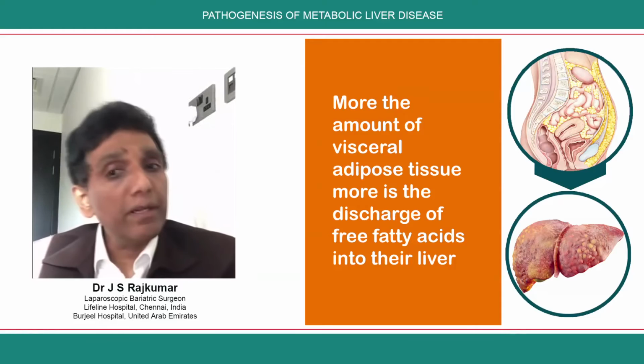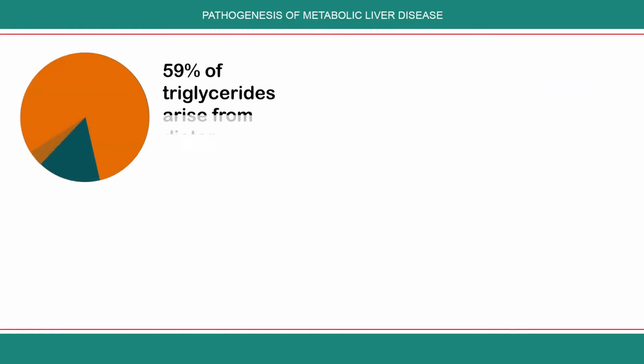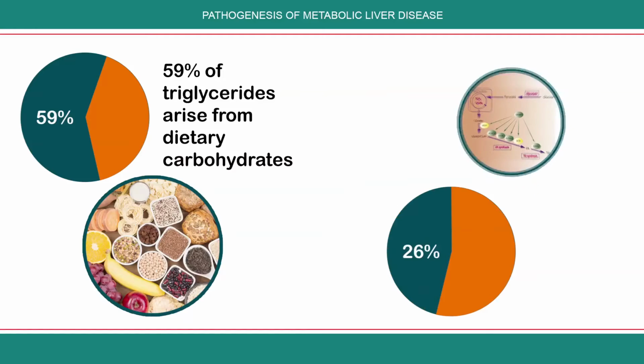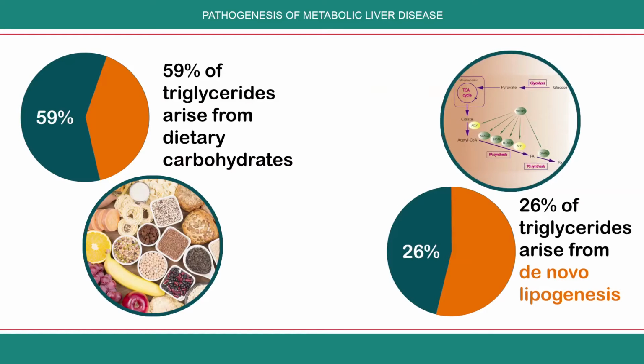It has been estimated from several studies that 59% of the triglycerides present in the liver arise directly from dietary carbohydrates. We know that dietary carbohydrate intake is equal to hepatic triglyceridemia, and 26% arise from de novo lipogenesis, which is compared with normal subjects.